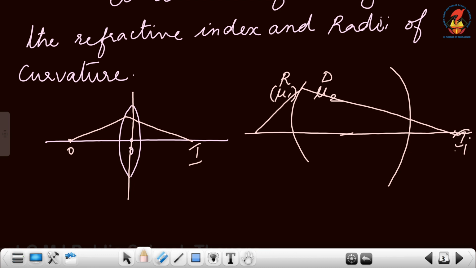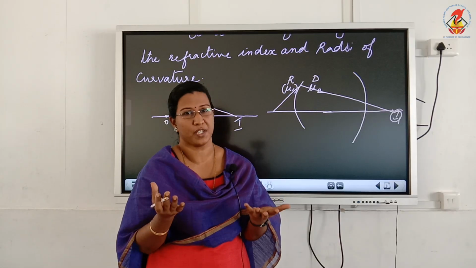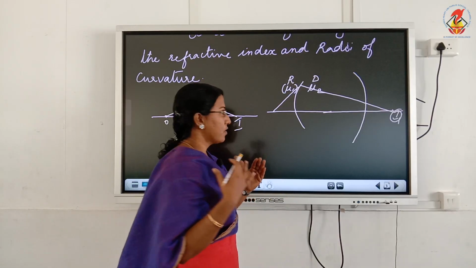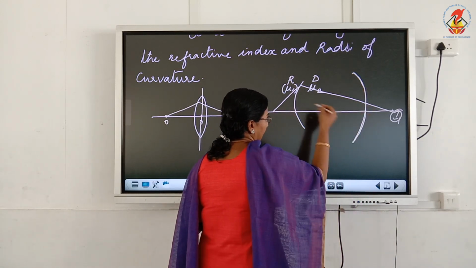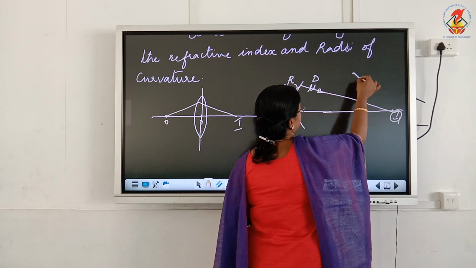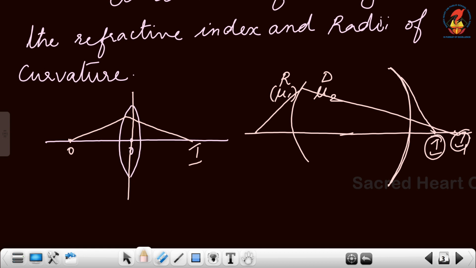Now, this image is actually a real image, and this image acts as a virtual object, meaning an imaginary object which we will not be seeing, for the second refracting surface, and the second refracting surface produces the final image at I. So, I is the final image, but when we use a lens, we will just see the object and the image.